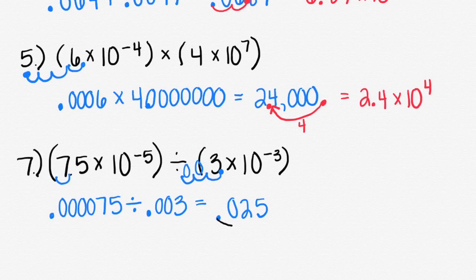And we're going to move the decimal point here to make this 2.5 times 10. Now remember, we moved to the right because this was a very small number, which makes this a negative exponent. So that's negative 2. And that is how you add, subtract, multiply, and divide with scientific notation.